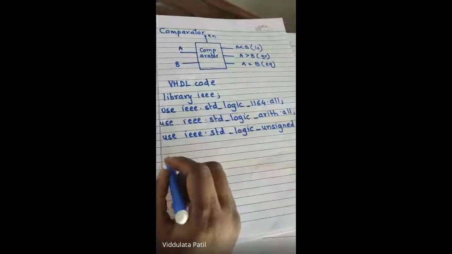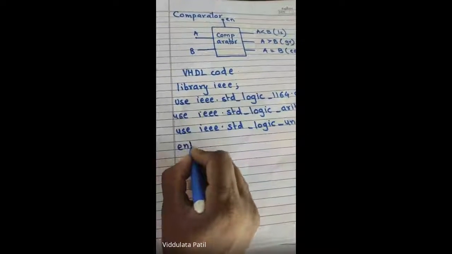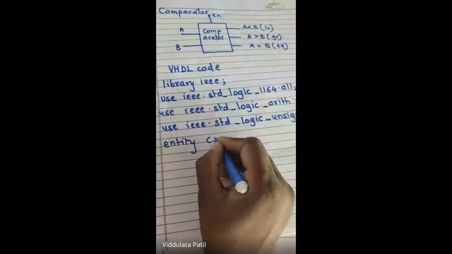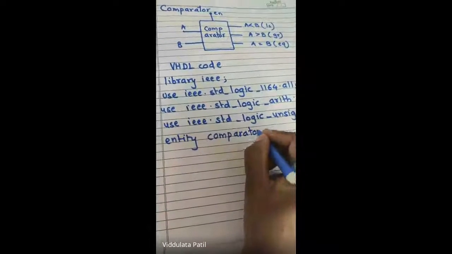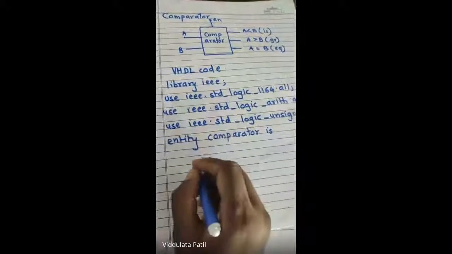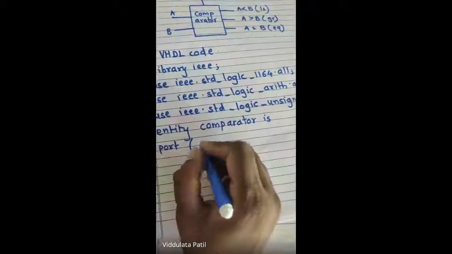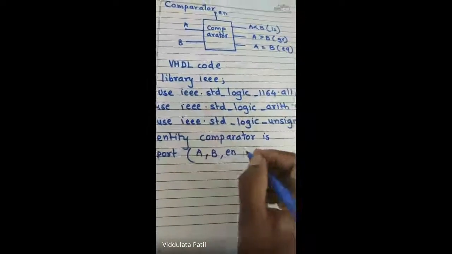Okay, then after that we need to write the entity. So entity, and let us give the name comparator itself. Comparator is, then port declaration, port. We have three inputs, A, B and enable.